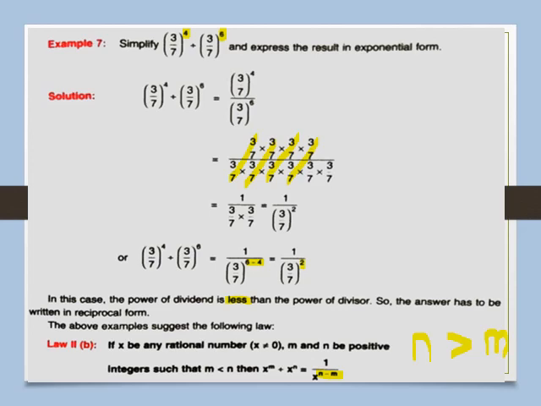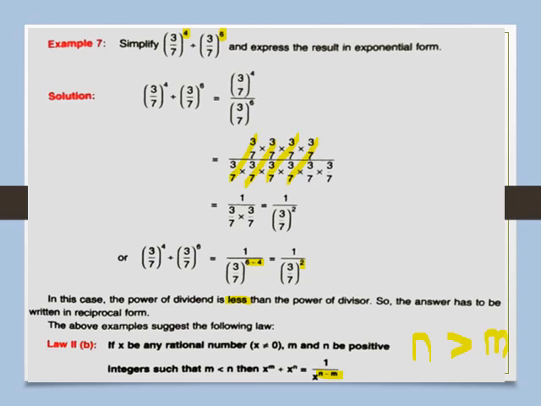The above example suggests the following law, that is second B. If x is any rational number, x not equal to 0, and m and n are positive integers such that m is less than n, then x raised to m divided by x raised to n equals 1 upon x raised to n minus m.